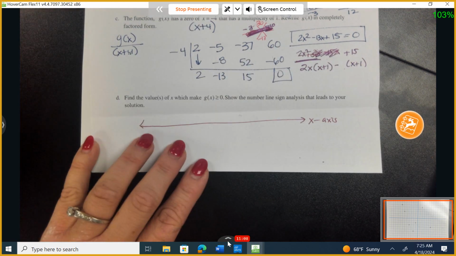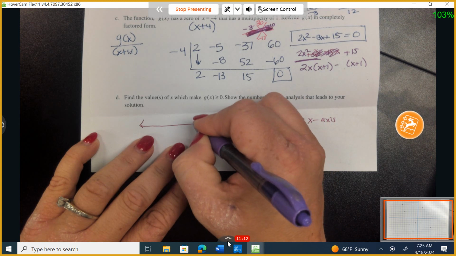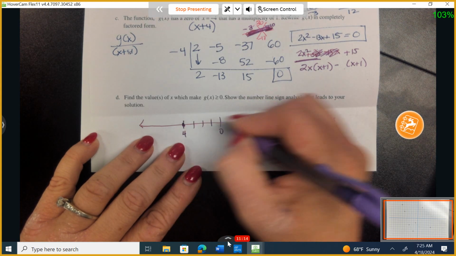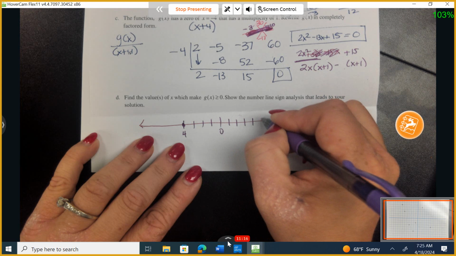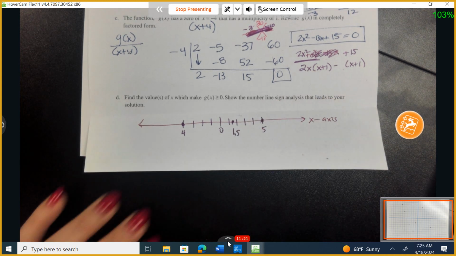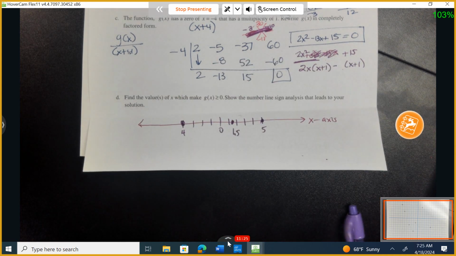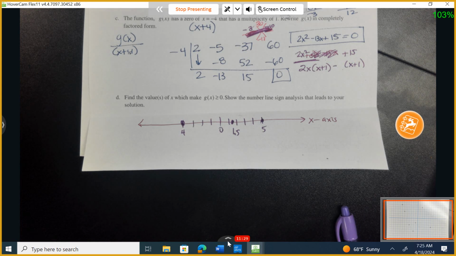So let's come back over here. Let's go, here's 0, and then we have 1, 2, 3, 4. So go to 4. 1, 2, 3, 4, 5. Here's 5, and here's 1.5. Without seeing this graph, how do I know where things are positive and where things are negative?